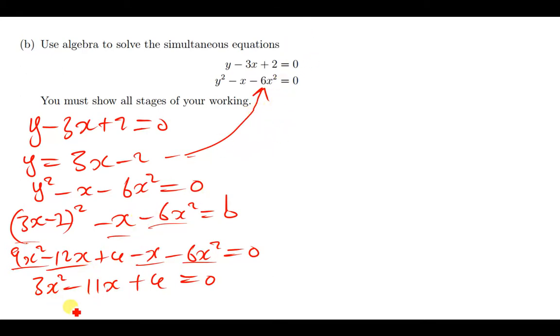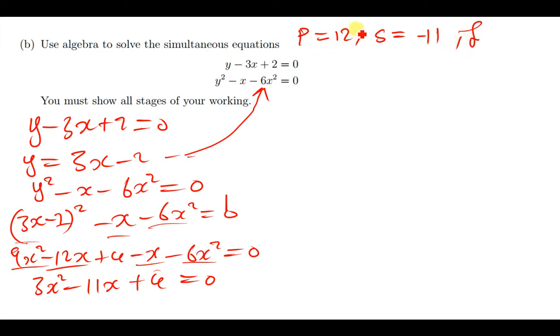So if we're using factorization, we first have to find the product, the sum, and the factors. So the product is simply found by multiplying the coefficient of x squared and the constant there. So 3 times 4, the answer is 12. The sum is simply found by getting the coefficient of x there, which is negative 11. Then we find the factors.